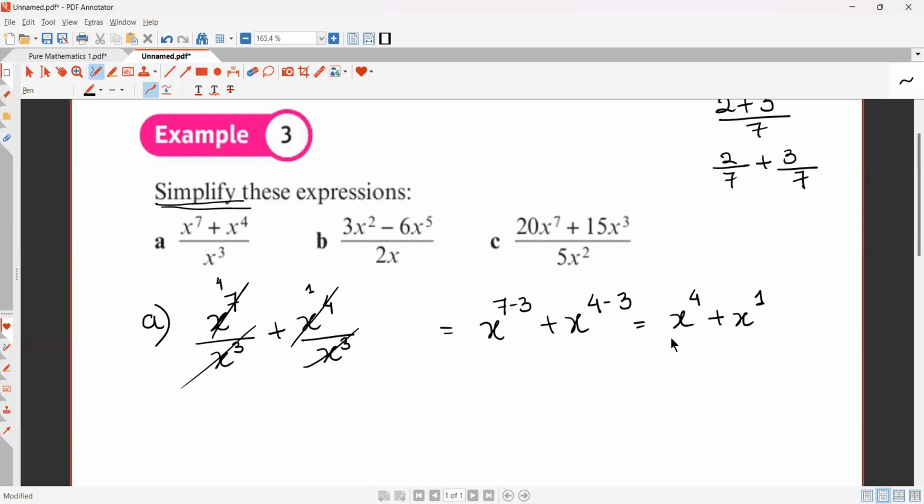Again, the answer is going to be x raised to 4 plus x raised to 1. Online, everyone understood? Yes. Pyle said yes. Mir, Sadia, Ejaz, Faham, understood? Yeah. Okay.